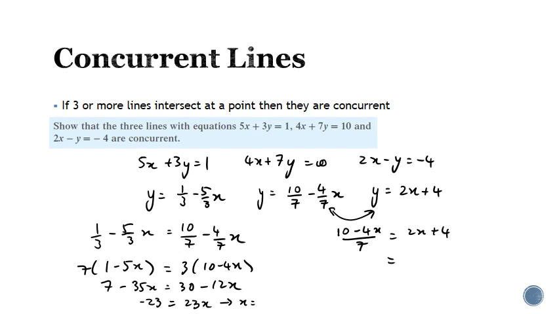I can multiply both sides by 7, so we get 14x plus 28 on this side, and this side just cancels out the denominator, so we get 18x equals negative 18. So x is equal to negative 1. I messed up earlier, that's the reason why it didn't work. This is negative 1. So because all of them have the x value of negative 1, if we substitute it back into the middle one, they'll have the same value. So they must be concurrent.